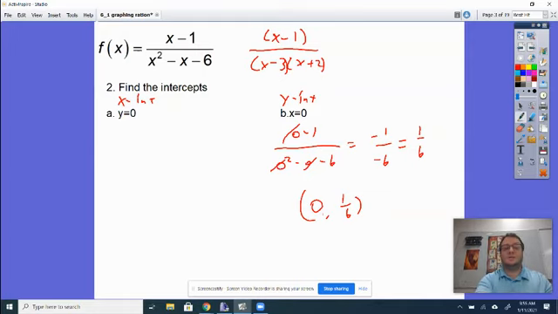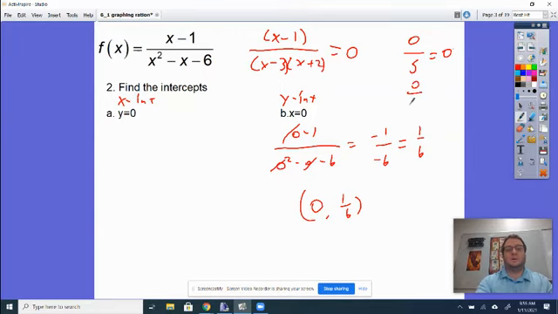And then for x-intercepts, this is a little bit more work, but not too bad. This whole function is going to be 0 if the numerator is 0, because 0 divided by anything other than 0 is going to be 0. 0 divided by 5 is 0. 0 divided by negative 100, still 0. 0 divided by cat, still 0.